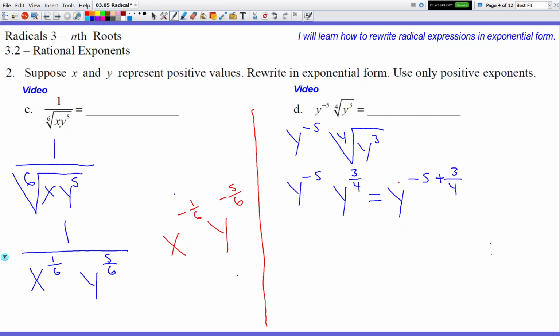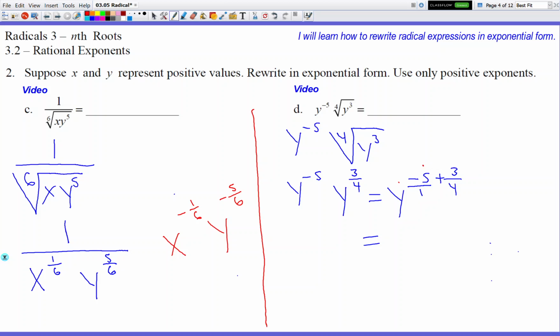Okay, so normally we can't just add these up really easily because they don't have the same denominator. So I gotta make them match. So right now this negative 5 is over the number 1. So to make these guys match, I gotta make them have the same denominator. Okay, so hopefully you remember your fractions as far as adding fractions are concerned, as far as how to turn fractions to have the same denominator.